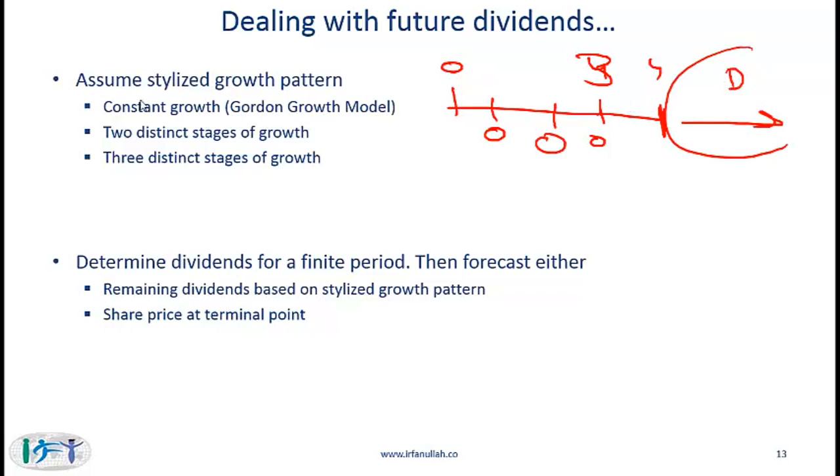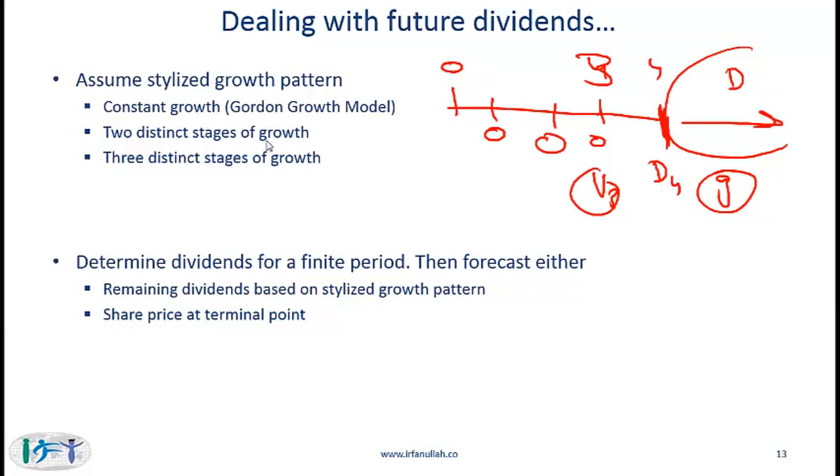One is to assume some stylized growth pattern. And the classic model to use is the Gordon growth model, which you've seen at level 1 also. With the Gordon growth model, we'll assume a certain dividend, D4, and then we will assume that this grows at a constant rate, g, based on which you can use the Gordon growth model and come up with a value 1 period before D4.